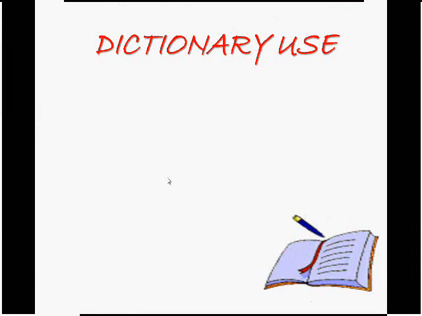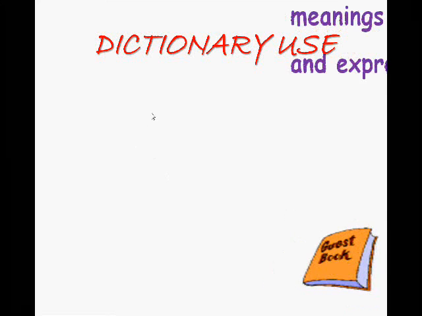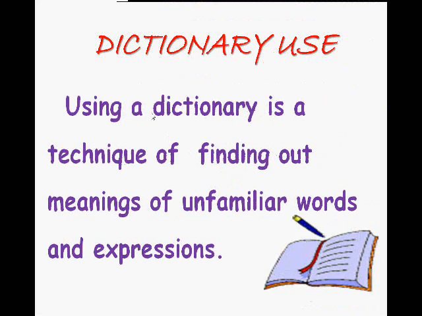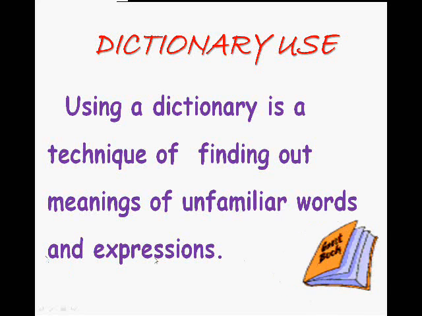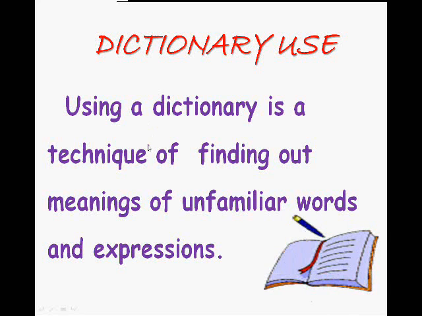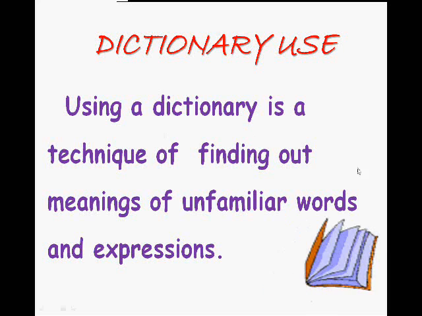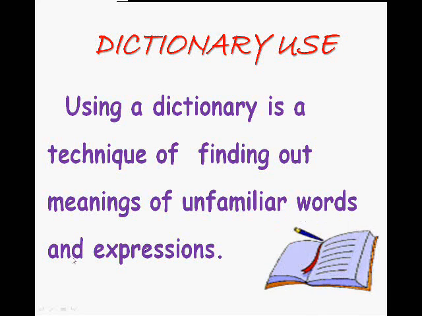The first strategy we're going to look at is dictionary use. Of course, using a dictionary is a technique of finding out meanings of unfamiliar words and expressions. So this is the reason for using a dictionary: to find out meanings of unfamiliar words and expressions.